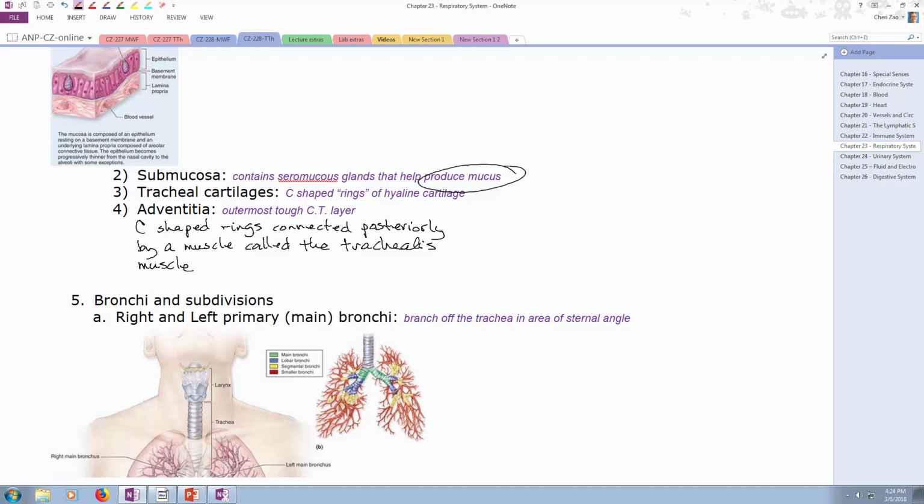The other thing too, is that the cartilage rings are connected to one another by elastic connective tissue.